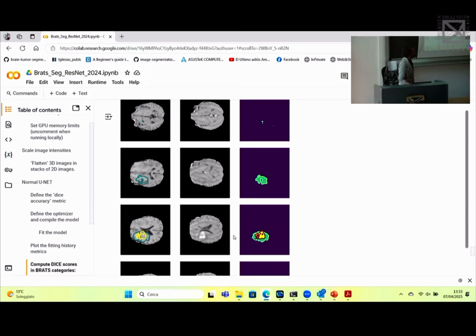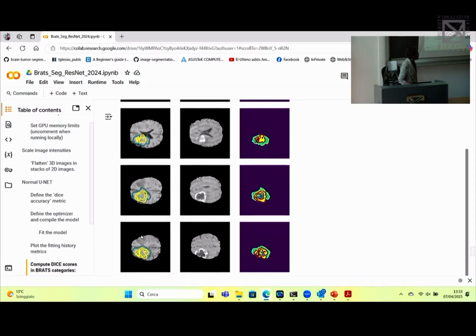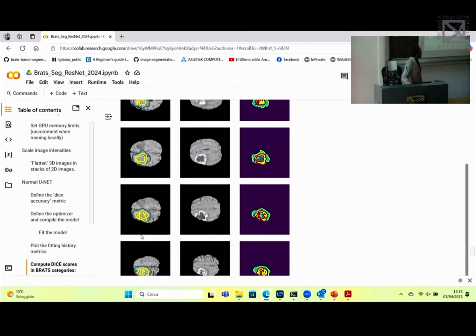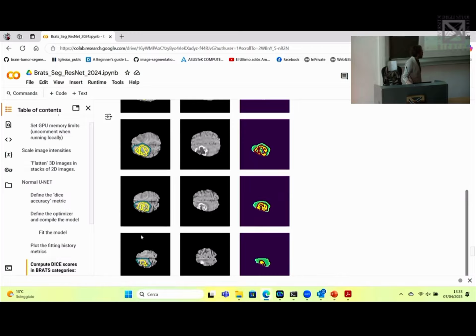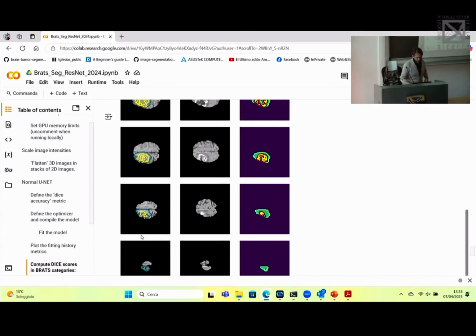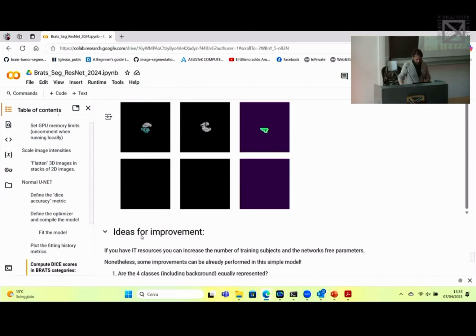I use this strategy, and in this case, we can see that it works extremely well. But in general, for a patient with large lesions, this is a pretty good algorithm.